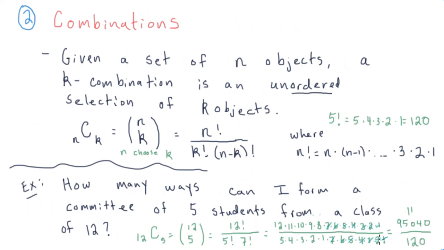It looks like this number is a fraction, but actually this number is always going to be a whole number. And in this case, that whole number is 792. So there's 792 ways I can take a class of 12 students and just select 5.